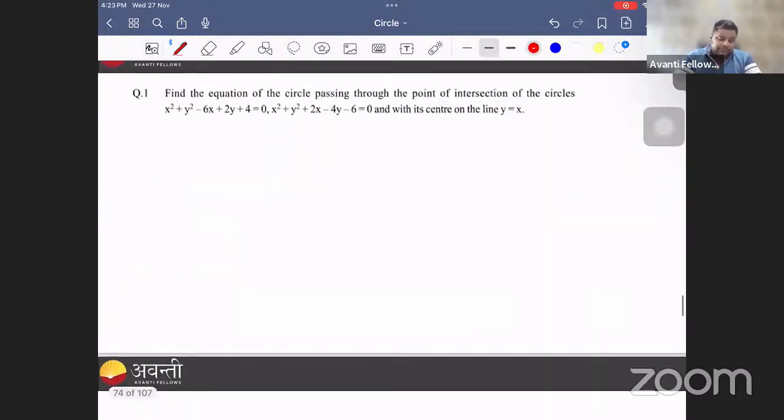See this question. Find the equation of the circle passing through the point of intersection of these two circles, with its center on the line y equals x. They're providing you 2 circles, and the center of this circle should lie on the line y equals x. Got it? So how do I do it?